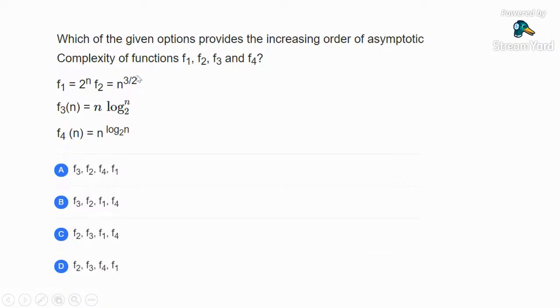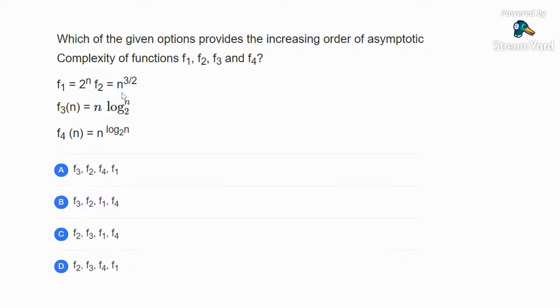This 1.5 is a constant. So if I consider the power of n, in f2 the power of n is 1.5, in f3 the power of n is 1, and in f4 the power of n is log n base 2. So f2 and f3 have constant powers of n: 1 in f3 and 1.5 in f2.